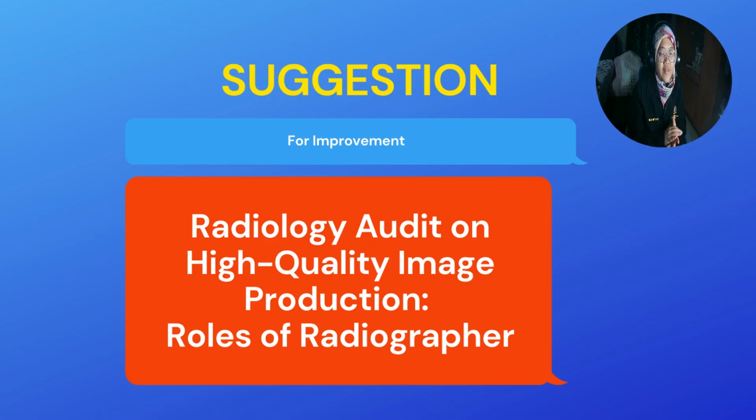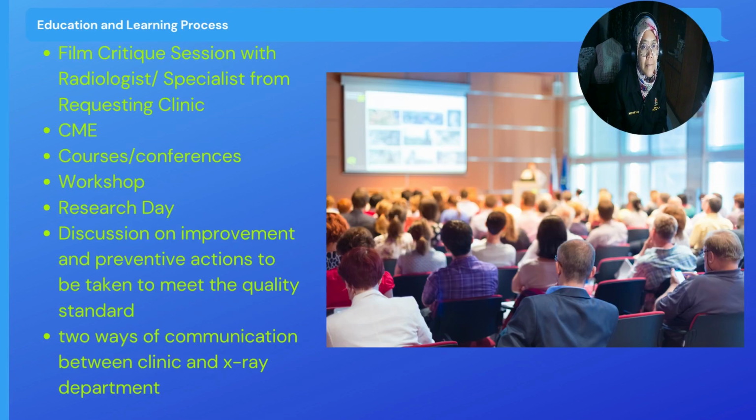So we have already finished the audit, radiograph, and roles of radiographers, and a little bit of knowledge about the factors influencing image quality. Now we go to the suggestions for improvement about audit and image production. I believe that education and the learning process is the way to improve image quality.